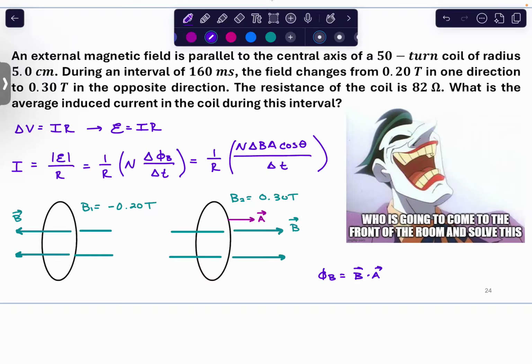So our area vector is always going to come off perpendicular to the cross-sectional area. And so in this case, we have a theta of 0. You could say 180 and get a -1, but again, we're looking for an average value. So we're just going to absolute value that whole thing anyway.